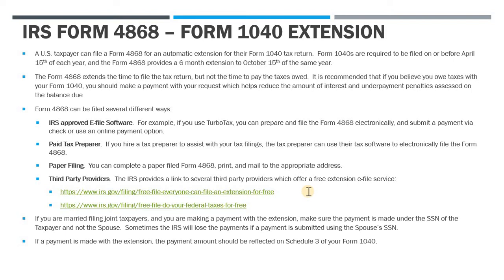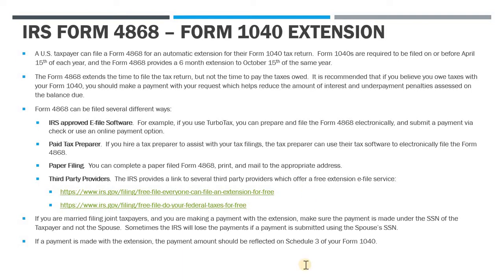You'll find the same page, but they have a list of a number of providers that will provide free extension e-file service for you, and a lot of them even offer free Form 1040 filing services, so you can prepare your 1040 online in the browser there and submit it electronically, and that's also for free, assuming your income qualifies within their ranges.